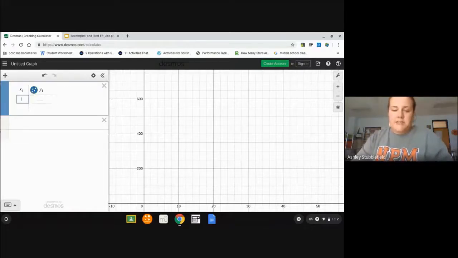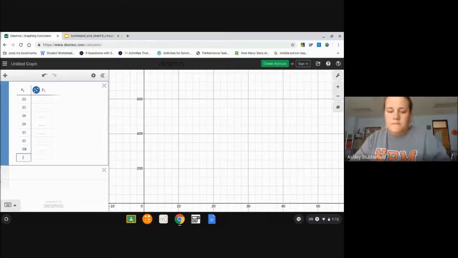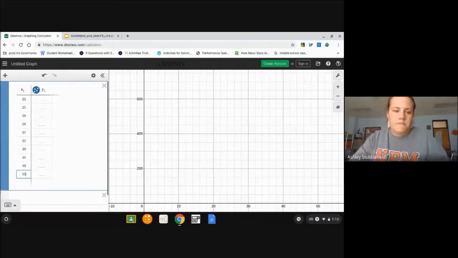So our age is going to be our X values. And the salary amount is going to be the Y values.